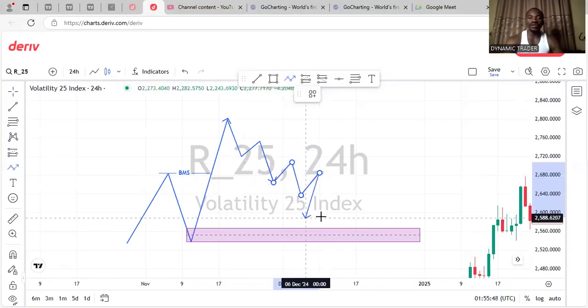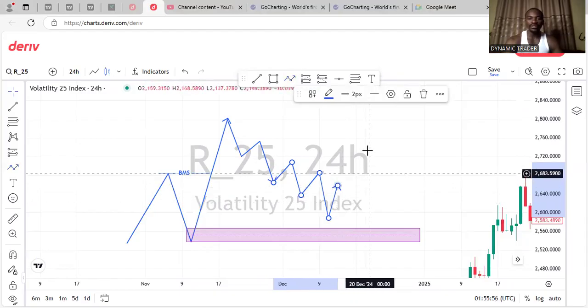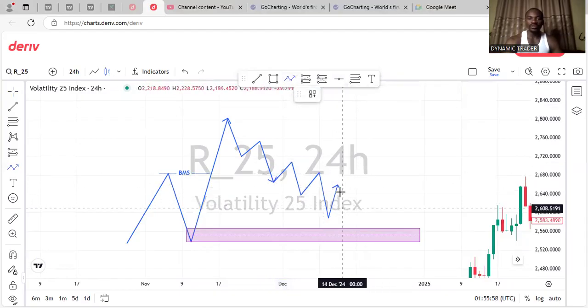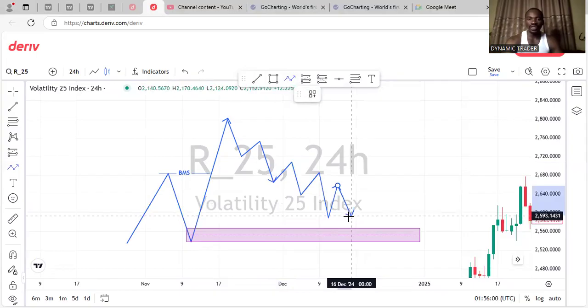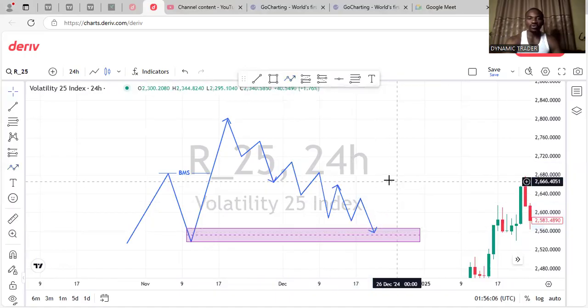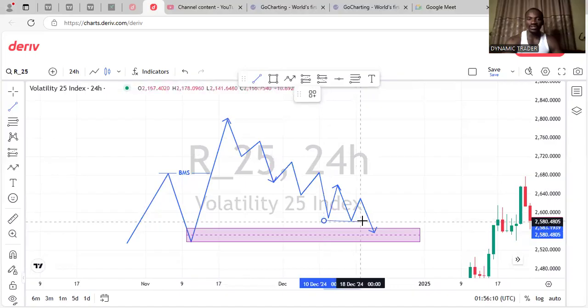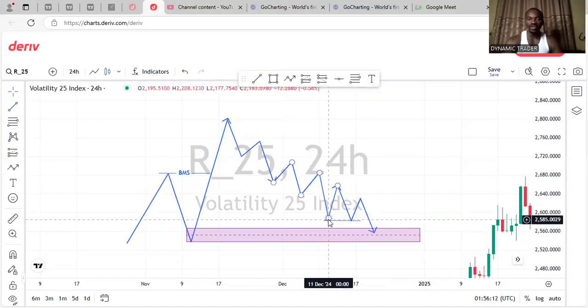So the market is likely to come down as if it's going to touch this place. It won't. Then it goes back up, then comes again as if it's going to touch without touching, then goes back, then finally touches. So the market has printed what we call liquidity here because this is a double bottom.